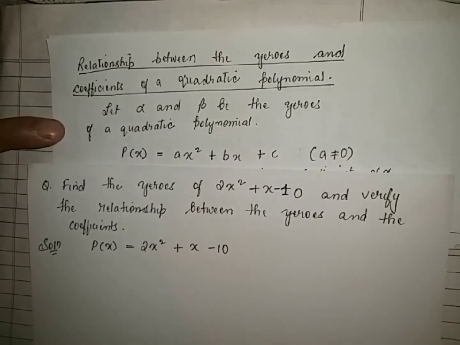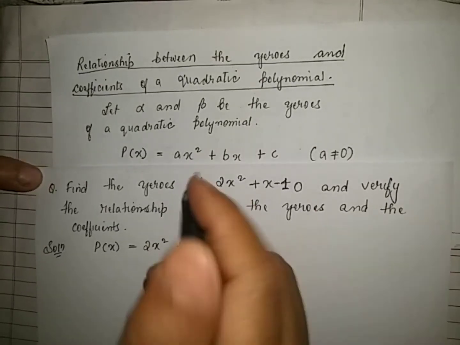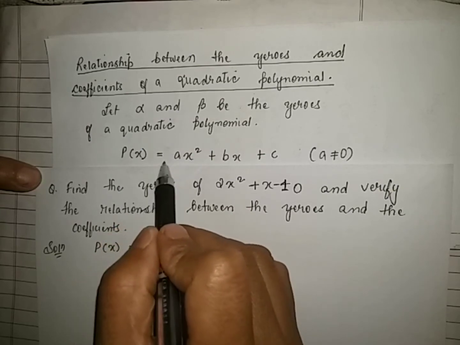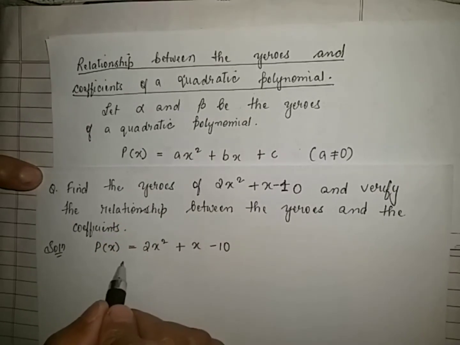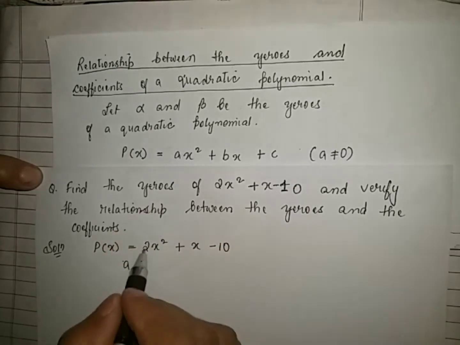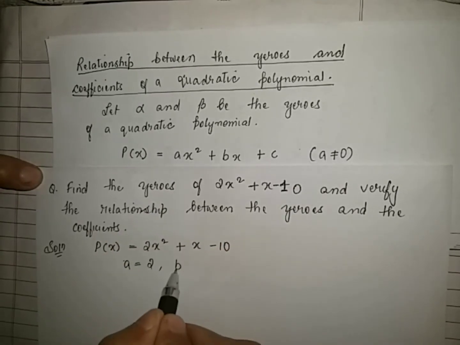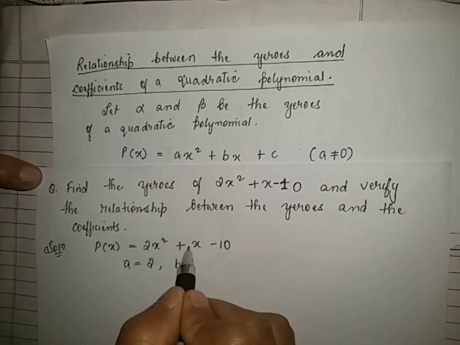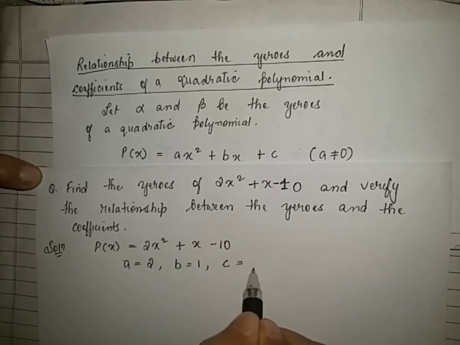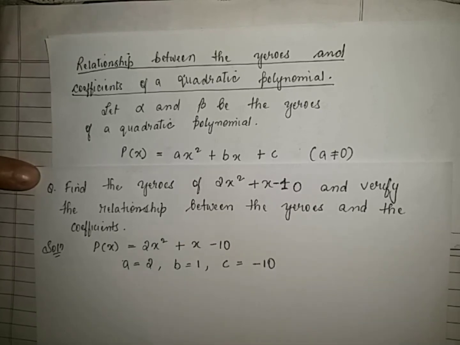Now, if we compare this p of x with the standard polynomial, we have a is equal to 2, b is equal to 1, and c is equal to minus 10.